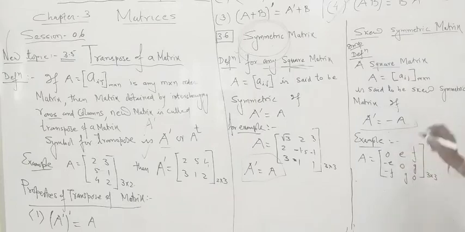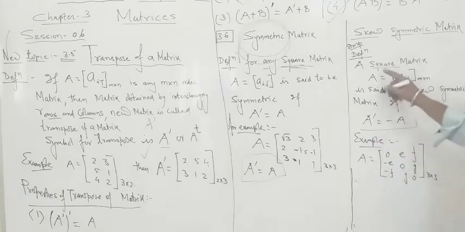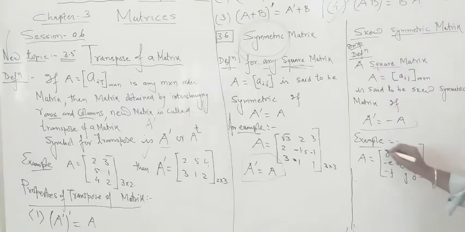One more example is given. A is equal to 0, E, F, minus E, 0, G, minus F, minus G, 0. Then some of the properties are, if anybody asks you to make a skew symmetric matrix, one very important property you see: the principal diagonal will always have 0 as its entries.